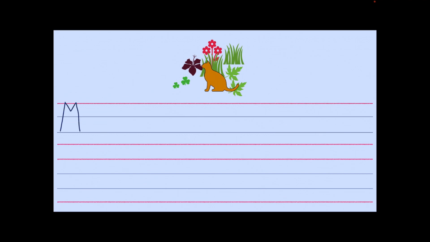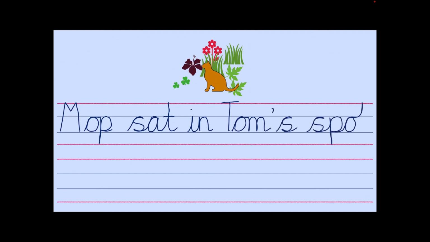Mop, capital M, sat, in, Tom's. So we write his name the way we normally would. Then we have an apostrophe and an S. And this is his spot.